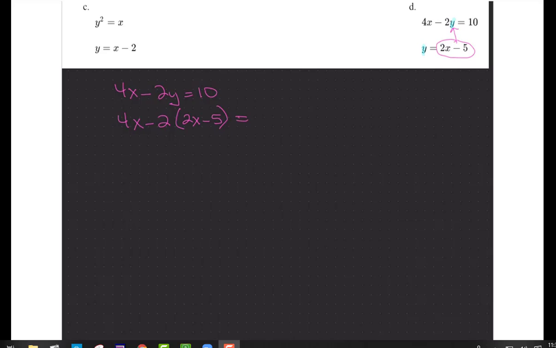And that whole entire thing's still going to equal 10. Now we should distribute the negative 2. X and the negative 5. Yep, and what are we going to get? 4x minus 4x plus 10 equals 10.